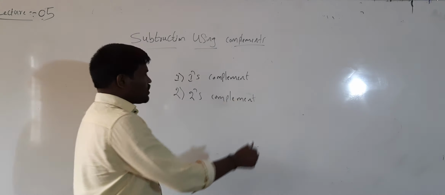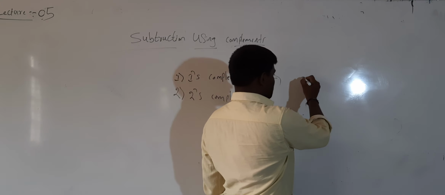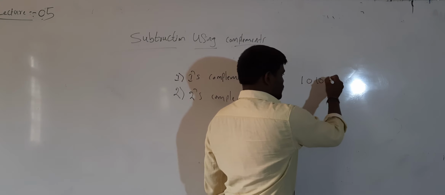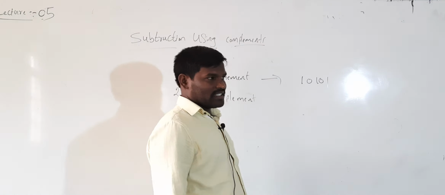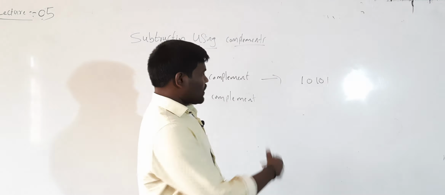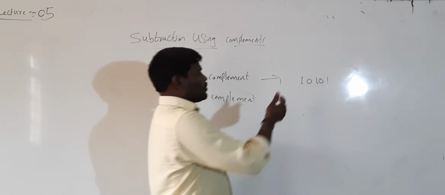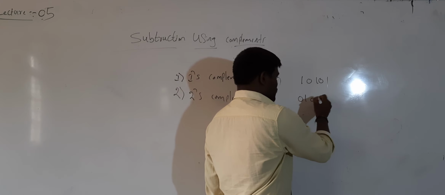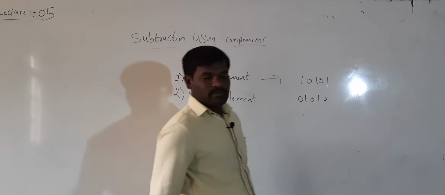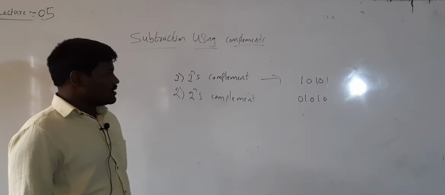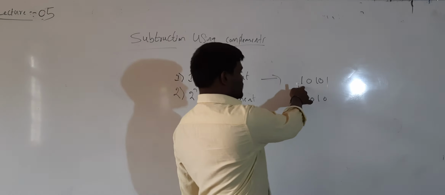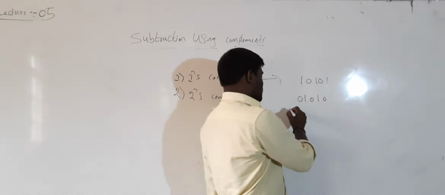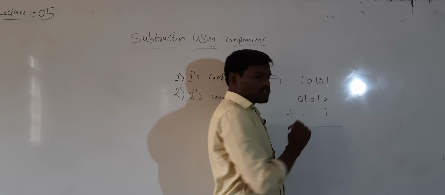First of all, ones complement means, for example, 1 0 1 0 1. It is a binary number. If you want to apply the ones complement, 1 becomes 0 and 0 becomes 1. That is 0 1 0 1 0. Two's complement means first you convert to the ones complement, and after that you add 1 to the ones complement result.